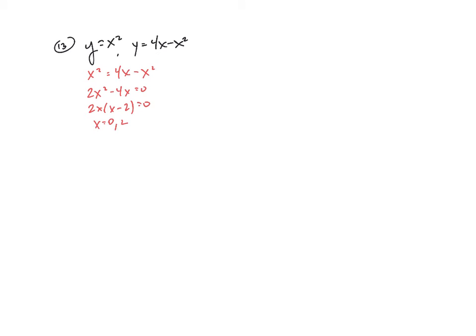So then for part A, I know I'm going from 0 to 2, so I'm just going to look at the first quadrant. f of 0 is 0 for both of them, right? And then f of 2 is going to be 4.